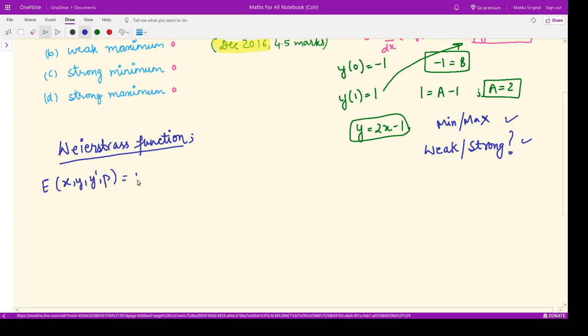It is f of x, y, y dash, minus f of x, y, p, that is, you just replace y dash with p, minus y dash minus p multiplied by the derivative of f with respect to p at the point x, y and p, right? So let us first evaluate this function E in our present case. What is f?